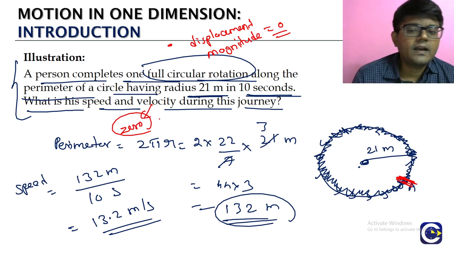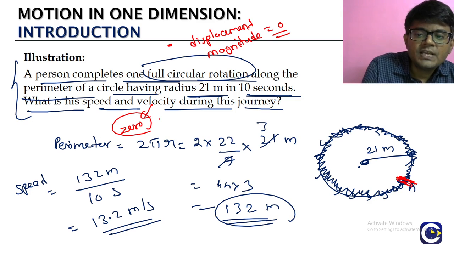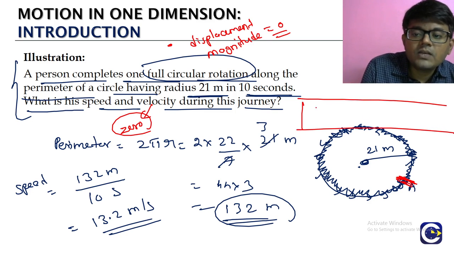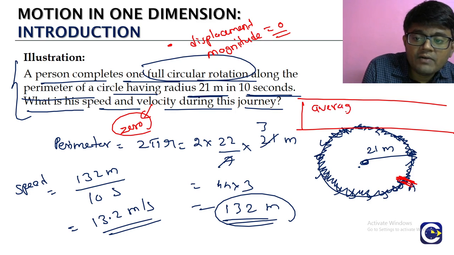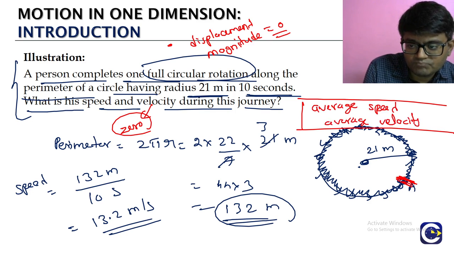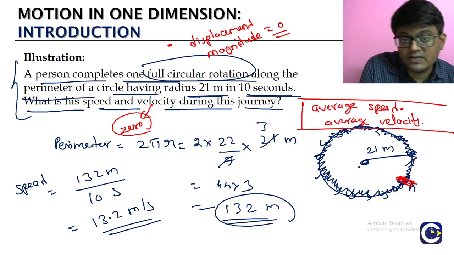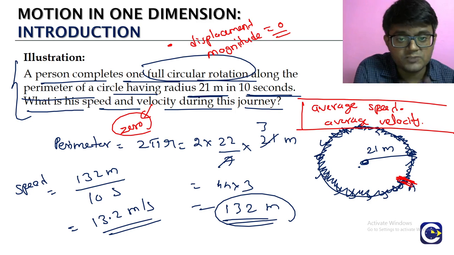And one thing here we need to understand is that the speed and velocity that we are measuring here, we will be calling them the average speed and average velocity. What do we call them? Average speed and average velocity. So why do we use the words average speed and average velocity?